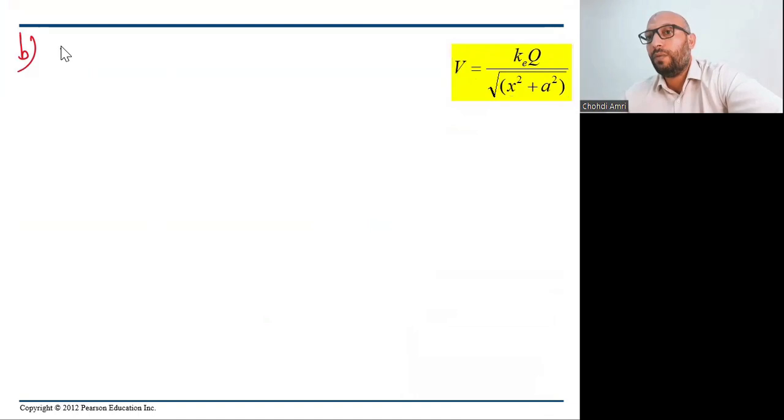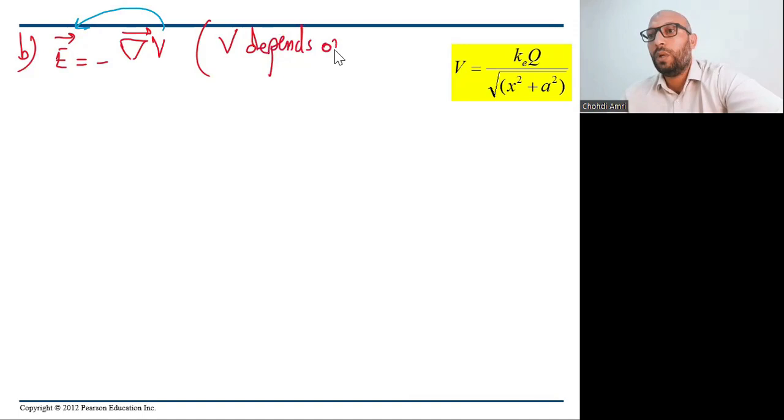As you know, we have a relationship between the electric field and the electric potential. We said in the previous lecture, E equals minus gradient of V. Okay, so that means starting from the electric potential, we can get the electric field. However, you see that V depends only on x.